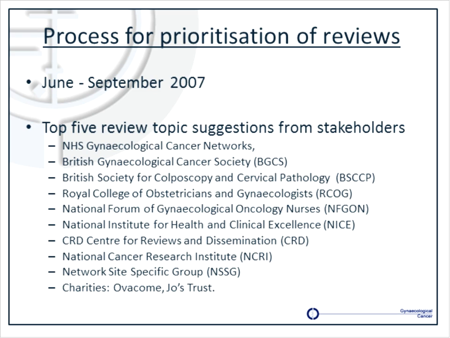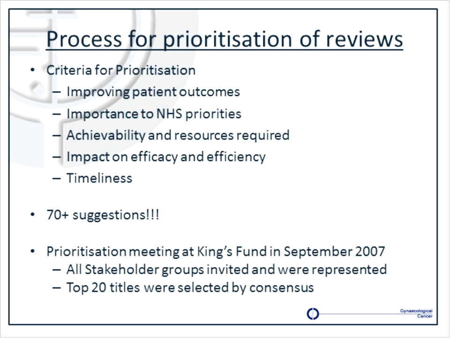We did give them some guidance regarding criteria for the questions important to the gynecological cancer community, with the fundamental aim to ensure direct benefits for patient care. We received a huge number of suggestions, which once we had excluded overlap to existing Cochrane reviews, gave us a wish list, which we took to a prioritisation meeting at the King's Fund in London in September 2007.